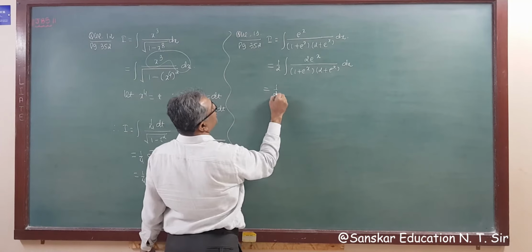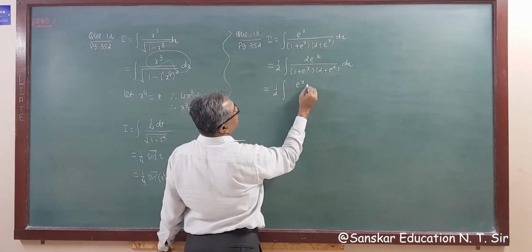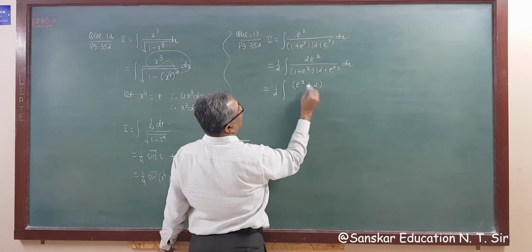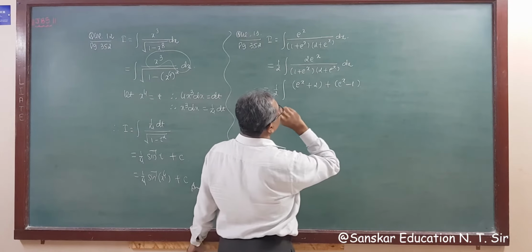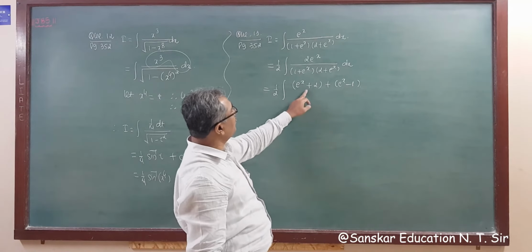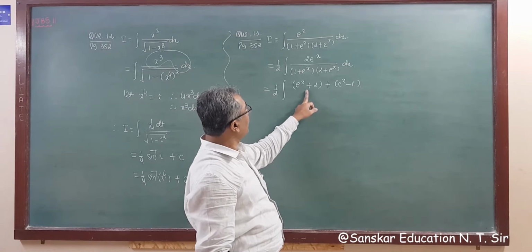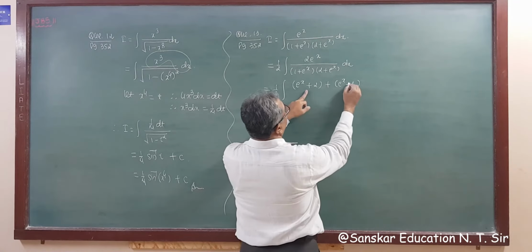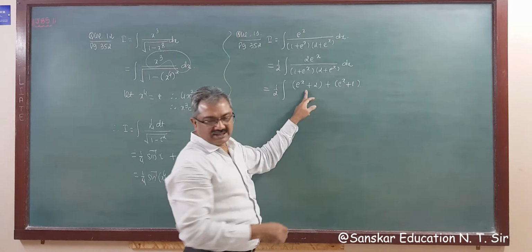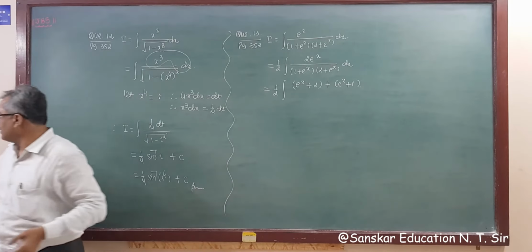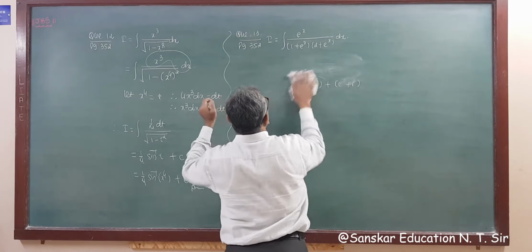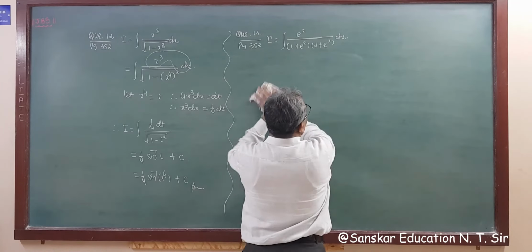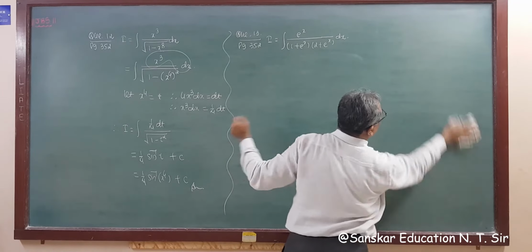Now splitting this e raised to x, e raised to x plus 2 and minus e raised to x plus 1, this makes a problem, right? So just a minute. Instead of this, suppose we assume, so that all terms are in e raised to x.